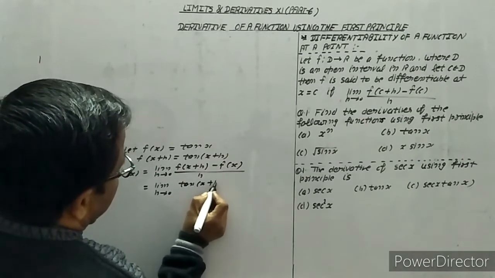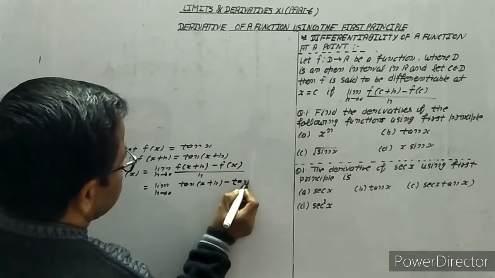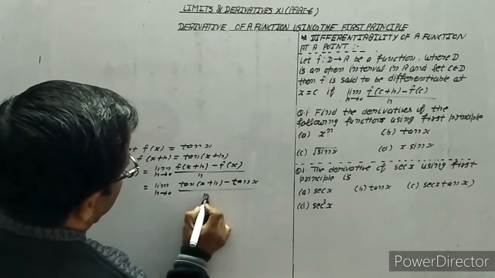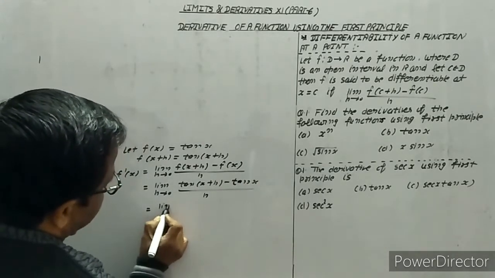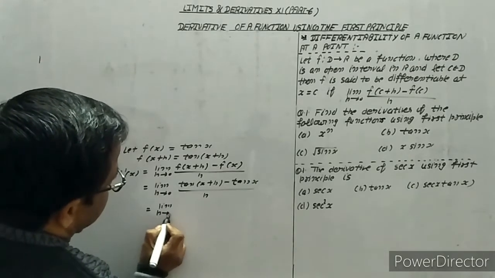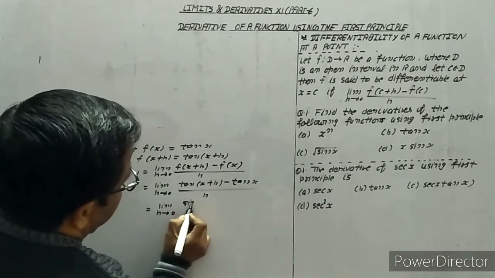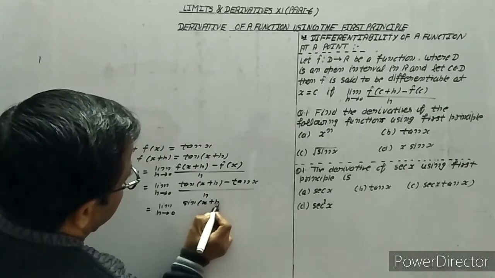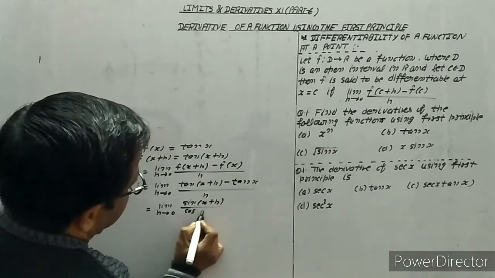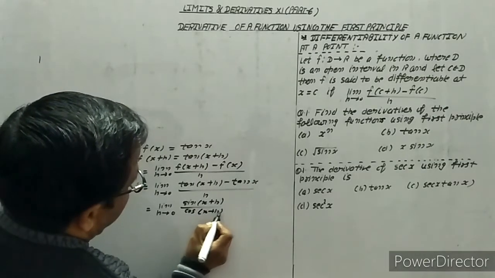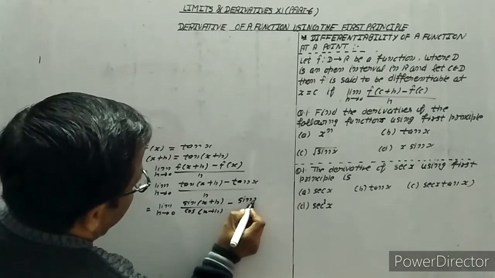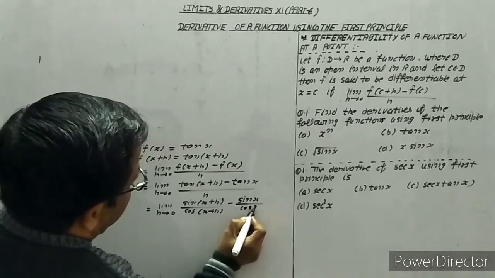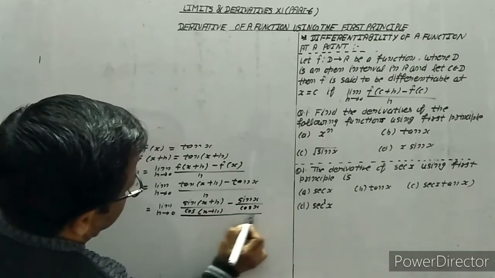Now split this tan x in the form of sin x upon cos x. It means this becomes sin(x plus h) upon cos(x plus h) minus sin x upon cos x, and all of this upon h.